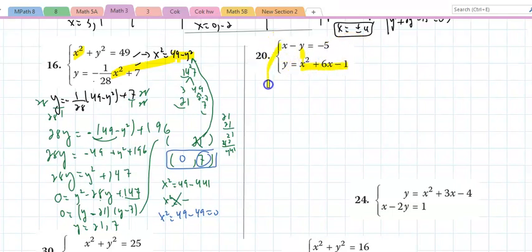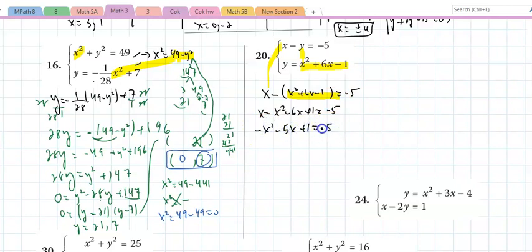The first equation would read x minus y equals negative 5, and y is what I'm substituting. This will be x minus (x squared minus 6x plus 1) equals negative 5. Negative x squared plus 5x minus 1 equals negative 5.